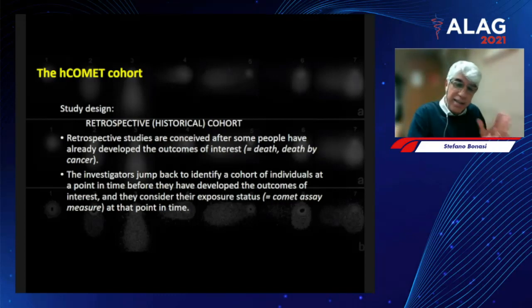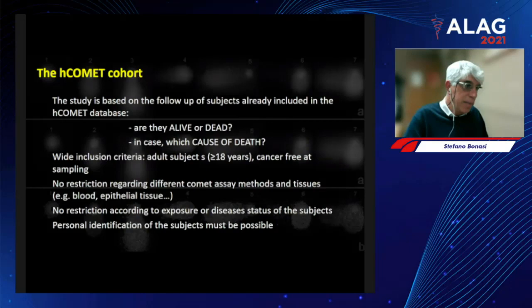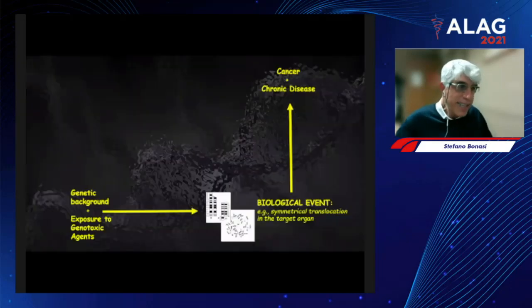So the historical cohort study is like a prospective study, but you start now that you have the results, that you have cancer, you have mortality, and go back to the old time and see what was the level of DNA damage in people that contracted cancer or died of cancer.